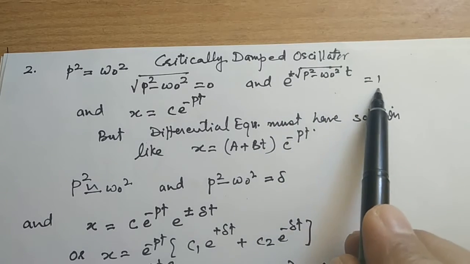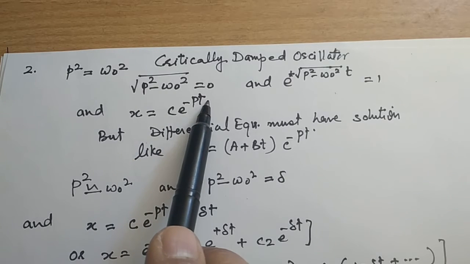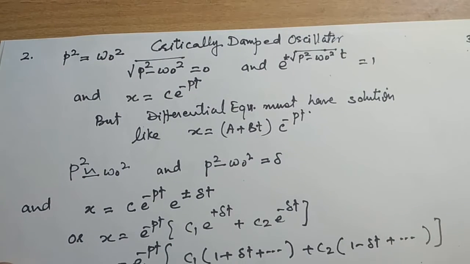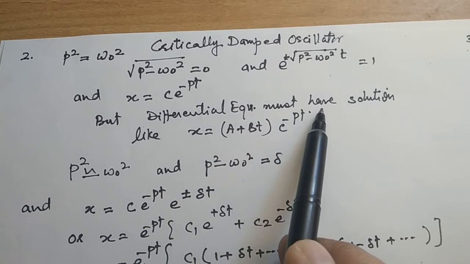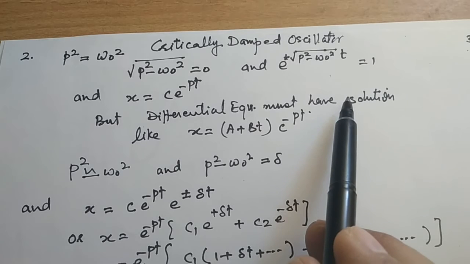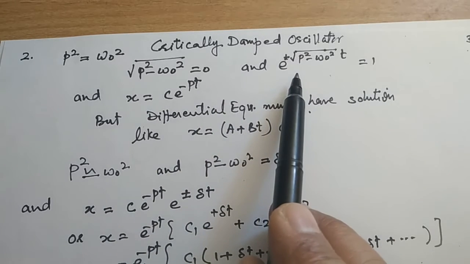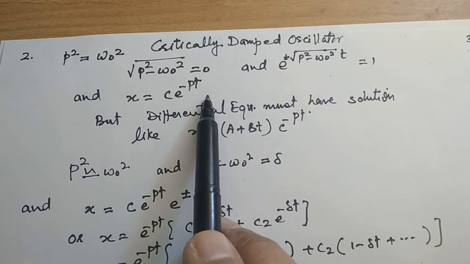And if it is 1, then displacement will come out to be only c e^(-pt). But our differential equation demands, because we have a velocity factor and a displacement factor, that in the solution some velocity factor should also be there.